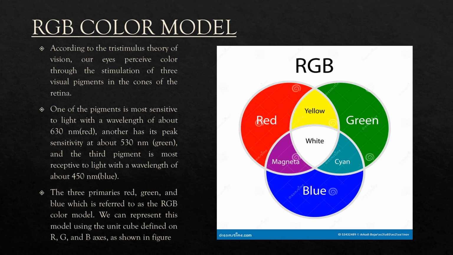One of the pigments is most sensitive at a wavelength around 630 nanometers, that is red color, another peak sensitivity is about 530 nanometers, which is green color, and the third pigment is most receptive to light with a wavelength of about 450 nanometers, which is blue. These three primaries, red, green and blue, are referred to as the RGB color model, and we can represent this model using the unit cube defined on RGB axes as shown.